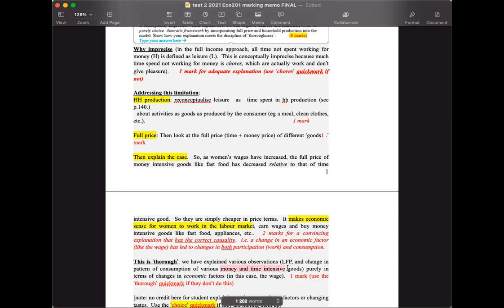So the concept of money and time intensive goods feeds into the definition of what a full price is. So there you are showing us that you fully understand what's happening in the question. So these observations that have been explained were purely in terms of changes in economic factors. So in this case, a wage, and this would be where you get your 1 mark. It is important to bear that in mind.